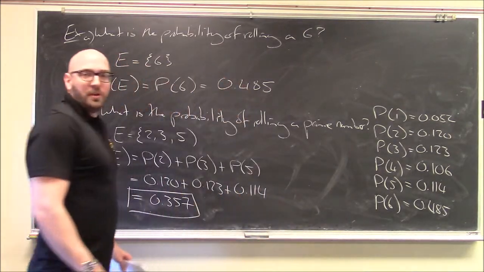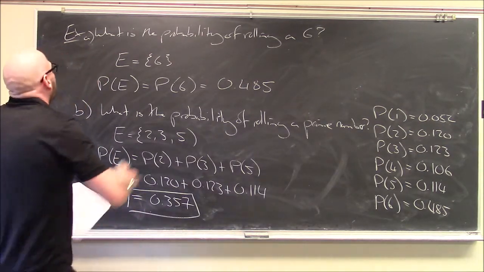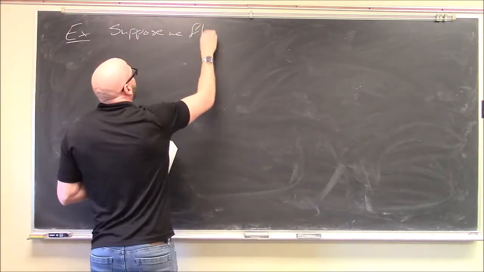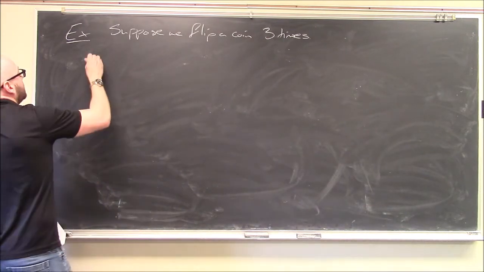Let's just do one more example, and I'll introduce one more formula, although we've sort of already been using it. Alright, so suppose we flip a coin 3 times. Then what's my sample space going to be?